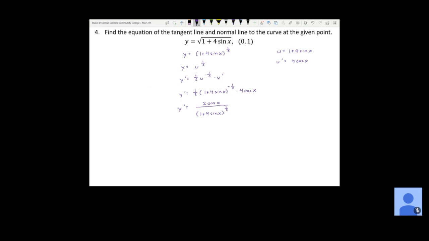We have an x value from our point up here, so we need to substitute that in because that's going to give us what? The slope, right? We're looking for the slope of our tangent line, so we have to substitute that x value in to get it. So this is going to give us m equals 2 cosine of 0 over 1 plus 4 sine 0 to the 1/2 power.